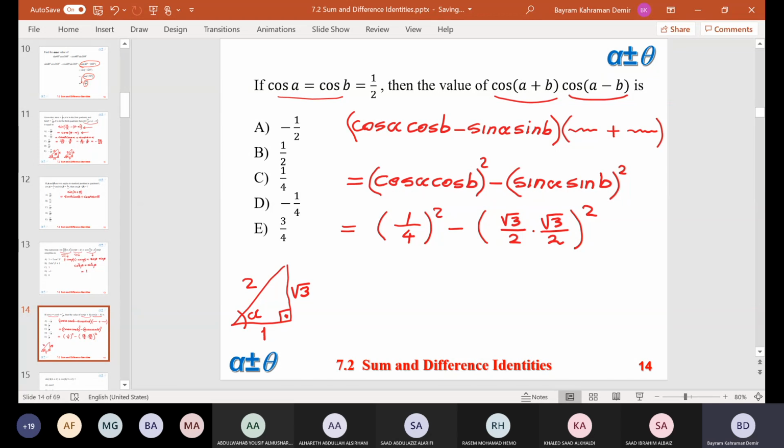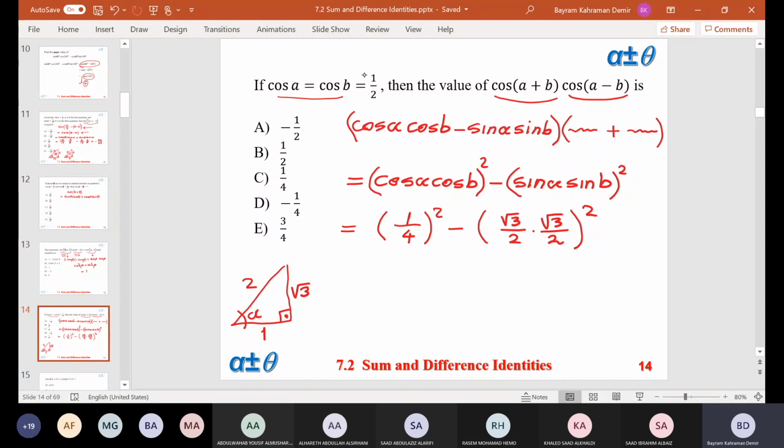Okay. Now, Shabab, do we know where the angles A and B are? No, but we have a square, so it doesn't matter. Perfect idea.